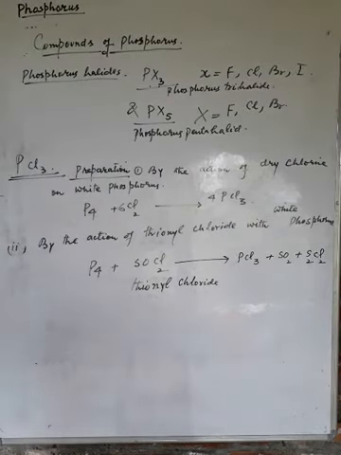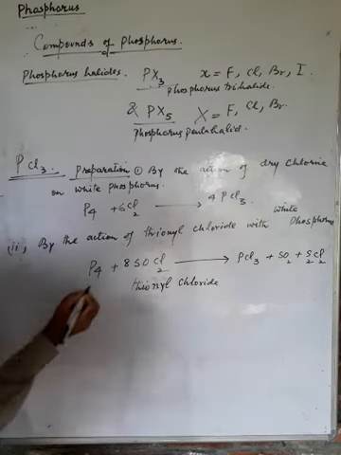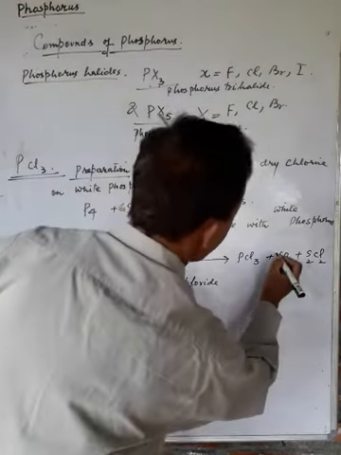So we will balance it: P4, we will take SOCl2 8 times, PCl3 4 times and SO2 4 times and S2Cl2 2 times.